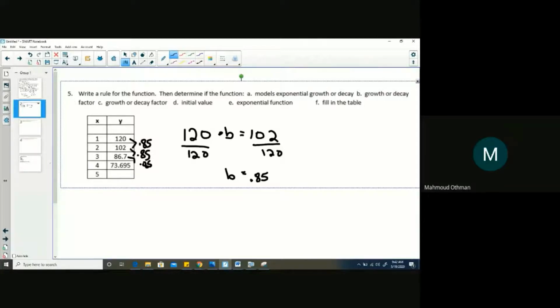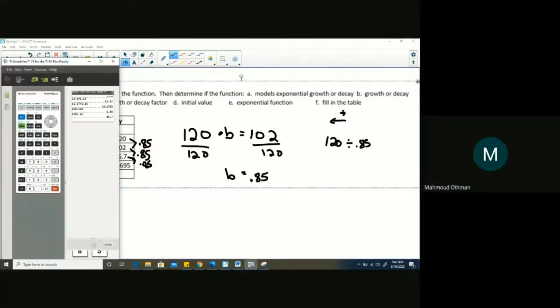So I know that my b is 0.85, but I need to find out what my value is when x equals 0 for me to find my starting value. So let's do that. Going forward, I need to multiply by 0.85. Going backwards, you need to divide. So I'm going to do 120 divided by 0.85.